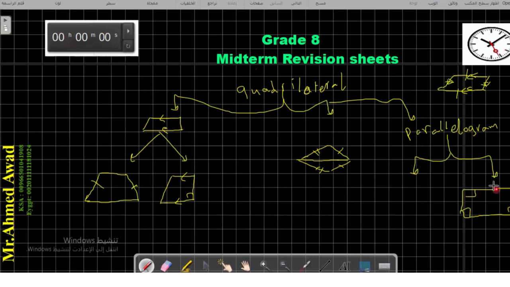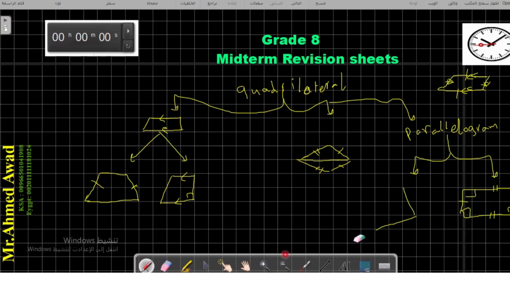This side equals this side and is parallel to it, and this side equals this side and is parallel to it. What about the second son? Rhombus. In a rhombus, all sides are equal.